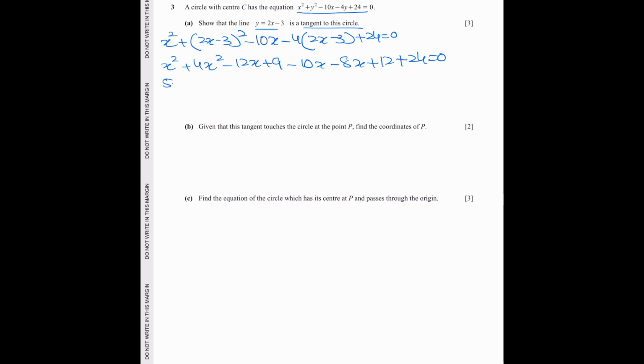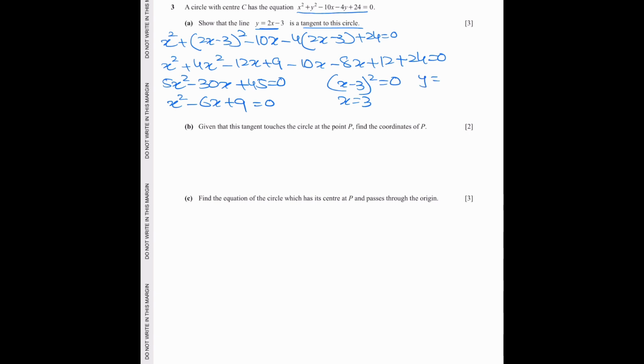So 5x square minus 30x plus 45 equals 0. 5 is common, so x square minus 6x plus 9 equal to 0. And this is x minus 3 whole square equal to 0, and x is equal to 3. Now substitute this value of x into this equation, you will get the value for y.